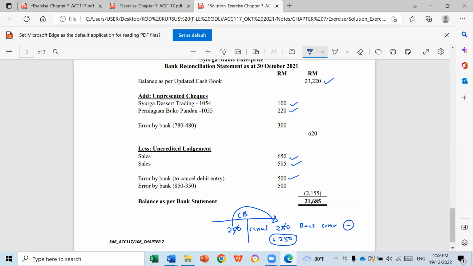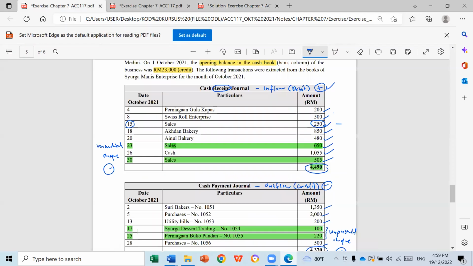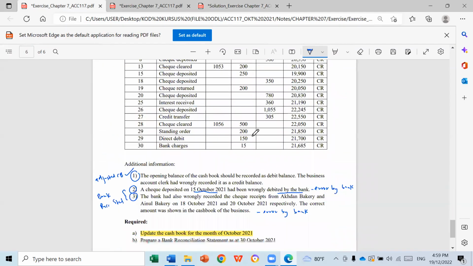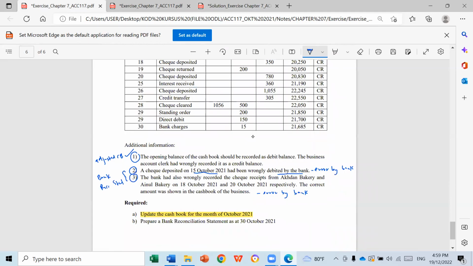The first 250 is to cancel the original one, and the next 250 is to create the outflow transaction. So 500.